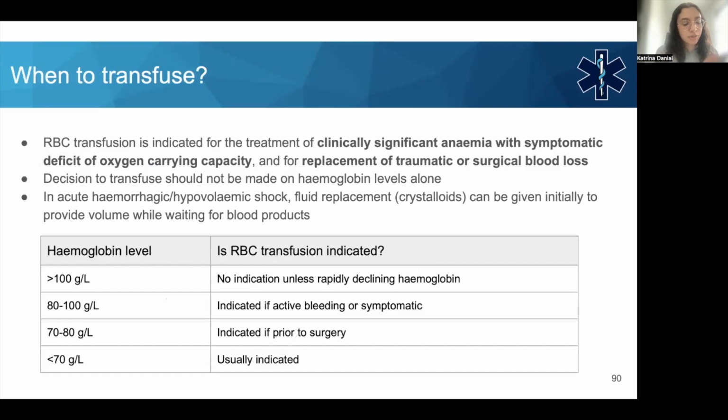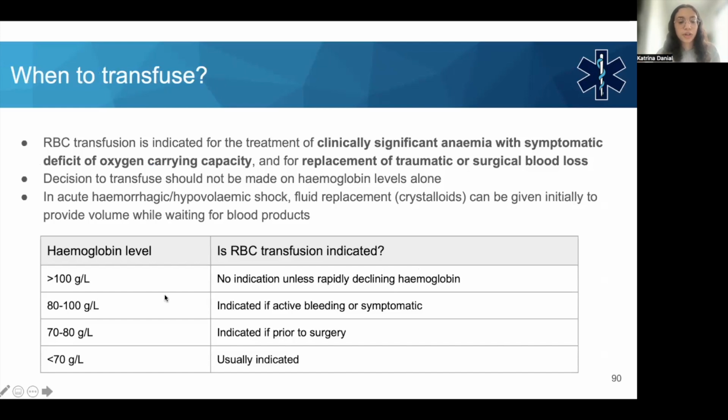So as we said, the blood cell transfusion is if somebody has clinically significant anemia, if they're symptomatic or if they're having ongoing blood loss. But we take a combination of the patient's clinical state as well as the blood test hemoglobin level.